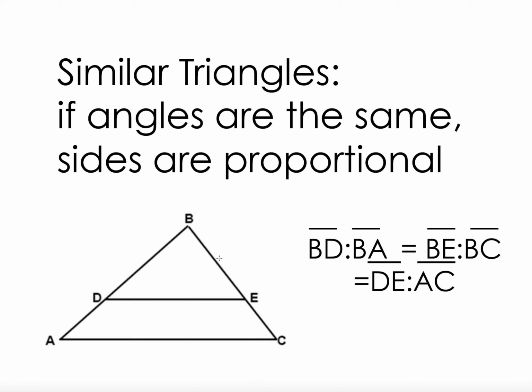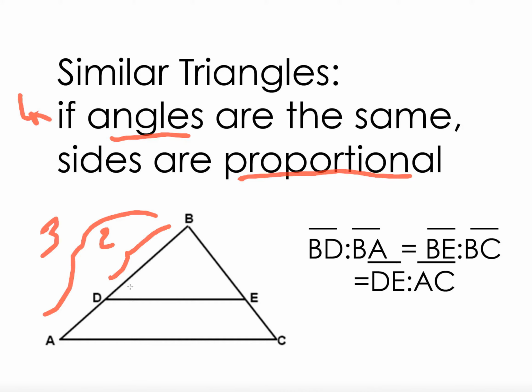And it's very important for you to figure out similar triangles. Similar triangles are triangles that have the same exact angles, and triangles that share the same angle measurements are going to have corresponding sides be proportional by the same factor. So what that means is if BD to BA here is, let's say, 2 to 3, then BE to BC, no matter what their side measurements are, is also going to be 2 to 3.